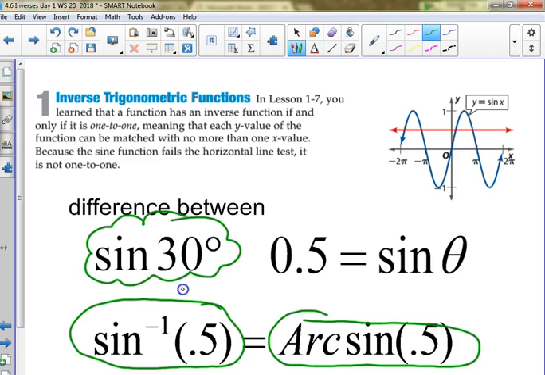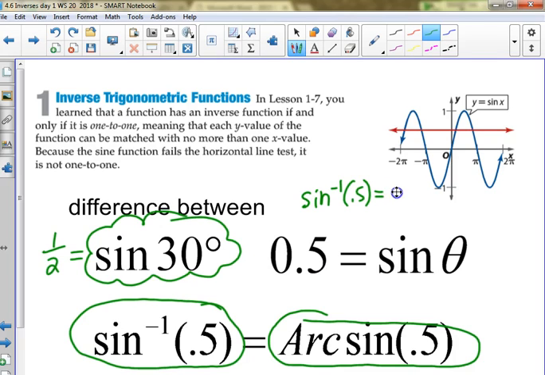If I ask you what is the sine of 30, look at your unit circle. The sine of 30 degrees is 1/2, right? It has a single value, yes? Back in geometry, when you had this equation, you typed it into your calculator and it gave you one answer.